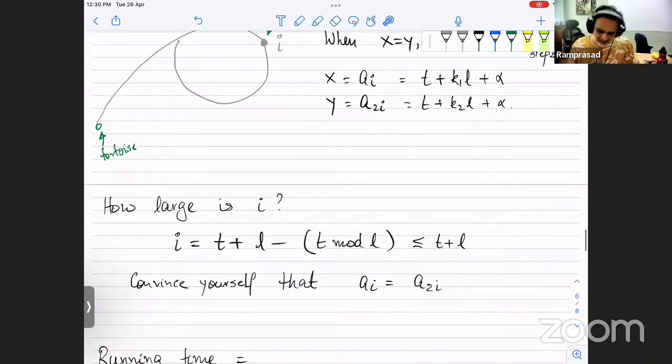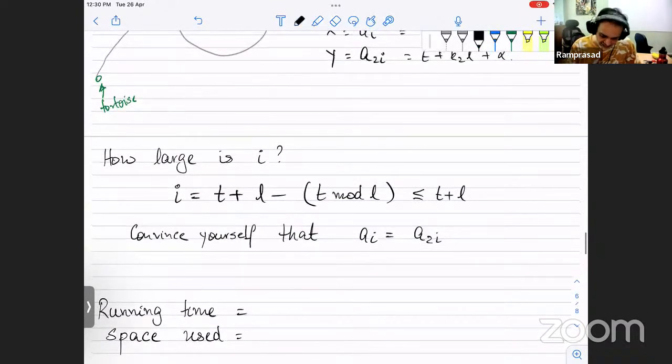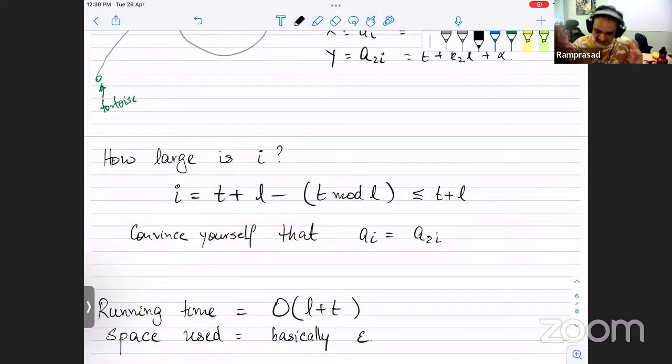So all I'm telling you is that the running time of this algorithm is no more than order of L plus T, which is the total number of cells in the linked list. And the space used is basically nothing, or I'll just say epsilon.